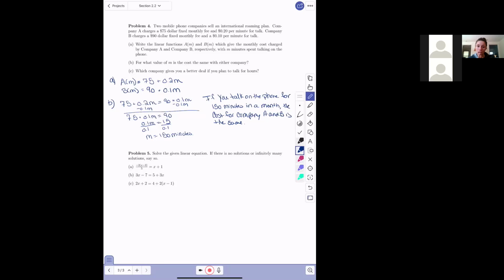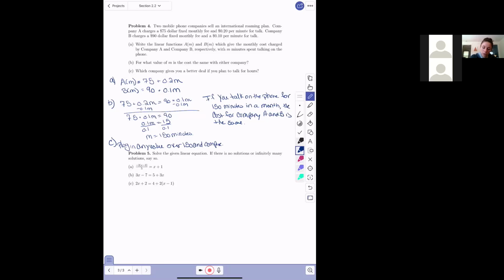Okay. Next, question C. There's a couple ways we could do this. We could do this just by looking at the numbers. And if you want to just look at the numbers, plug in any value over 150 and see which is higher and compare.